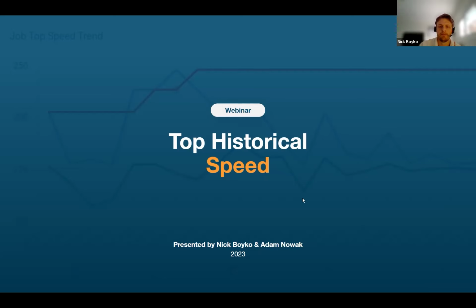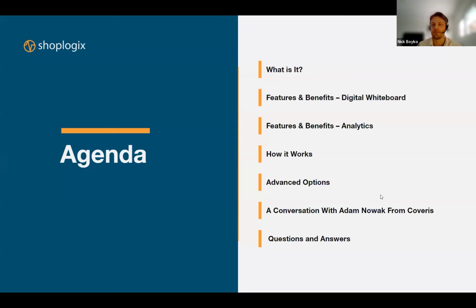All right, without further ado, I'll cover what's on the agenda for today. First, a high-level solution overview of what this feature is all about, covering some key features and benefits. Then I'll dive into what the feature looks like in the two core parts of our product. One is the digital whiteboard, our visualization engine geared towards giving shop floor employees visibility on what's going on right now.